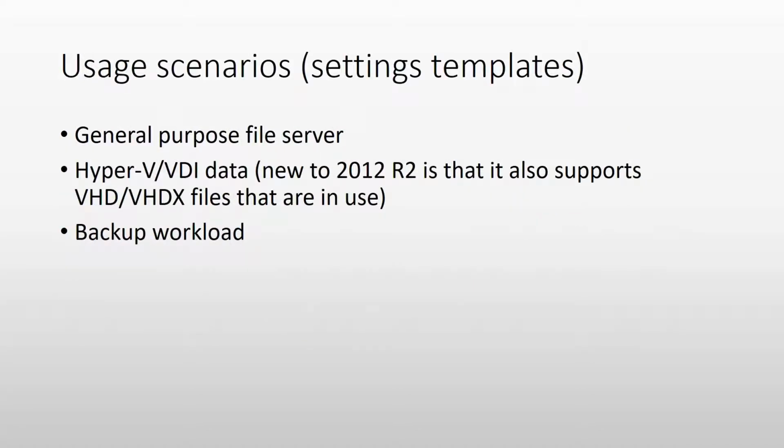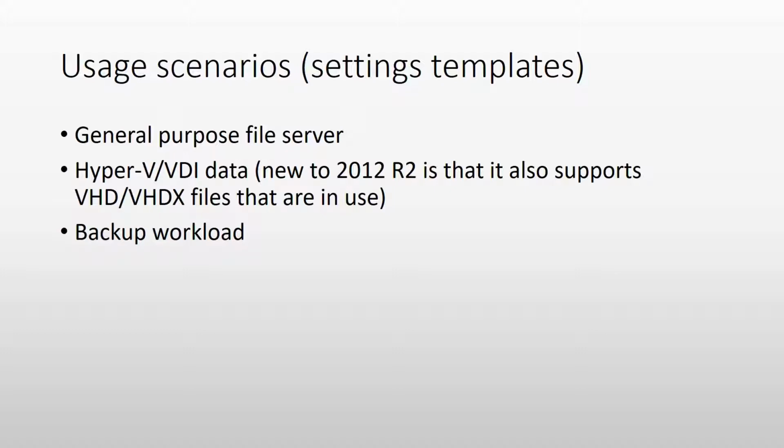The usage scenarios for data deduplication are general purpose file server. This can be basically any normal file server you have in your environment. Hyper-V or VDI servers, and this is where a great enhancement came in Windows Server 2012 R2.